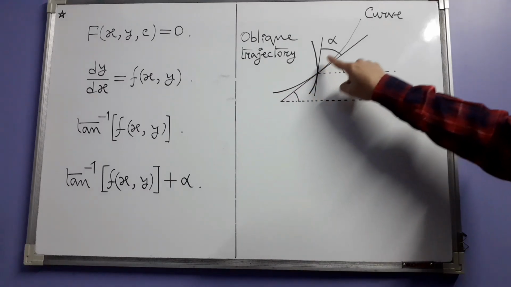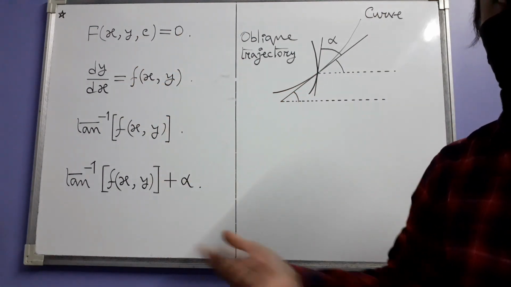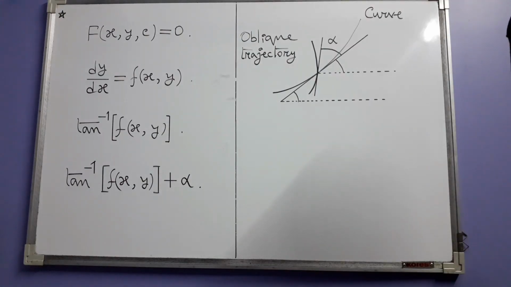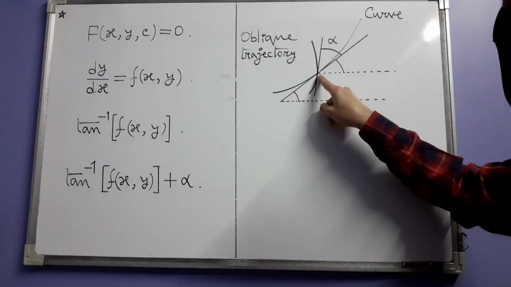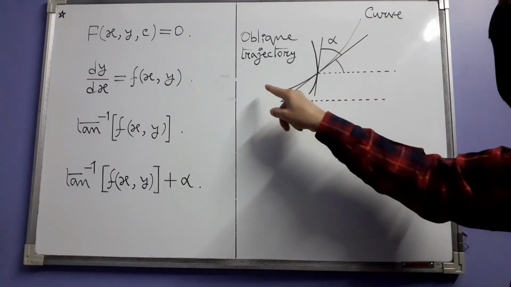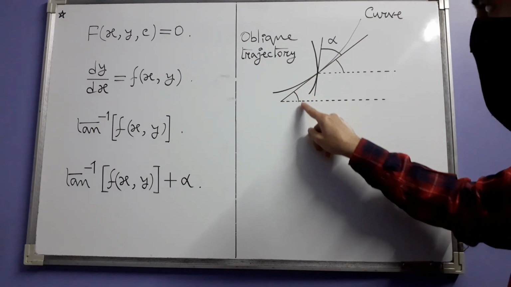Say this is your curve, which is any one member of this family corresponding to some specific value of c. And say your point (x, y) is this point. At this point to this curve, this is the tangent, which has an angle of inclination.